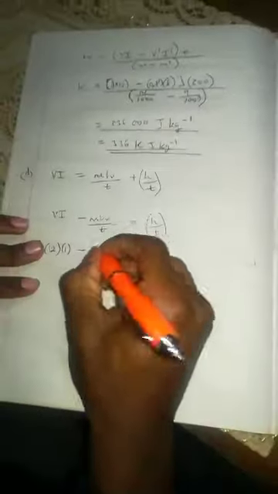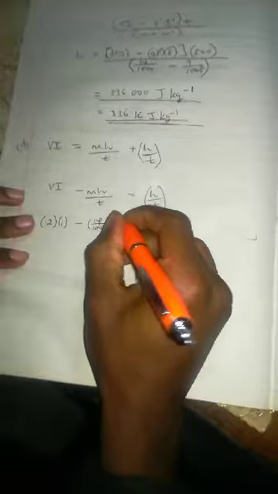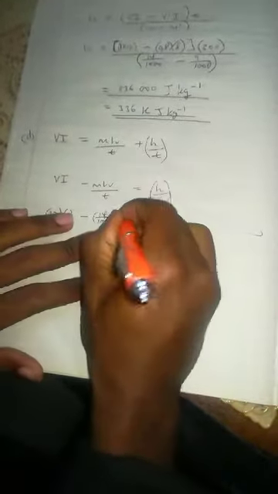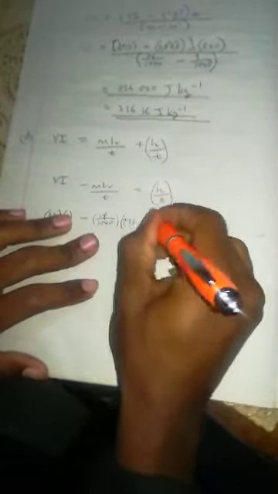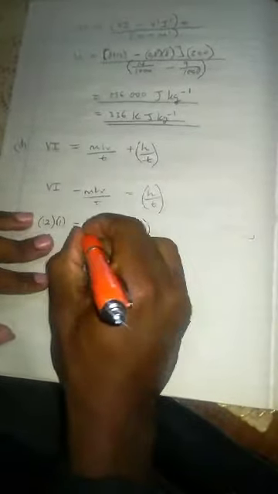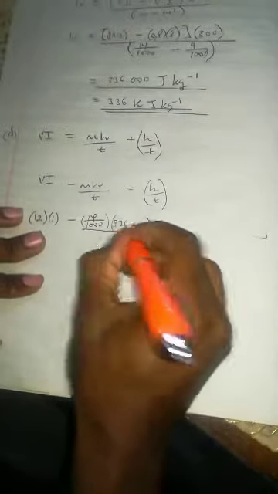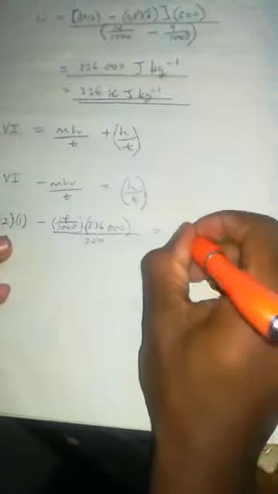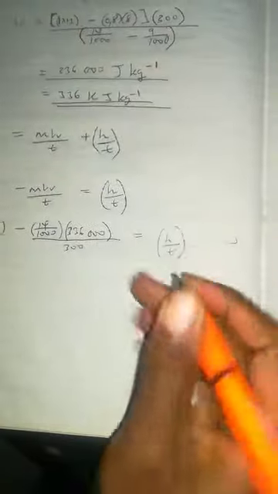Now remember to put it into kgs. Multiplied by the latent heat of vaporization, which is 336,000, over what? Over the time, which is 300. So this gives us H over T, which is the rate of heat loss to the surroundings.